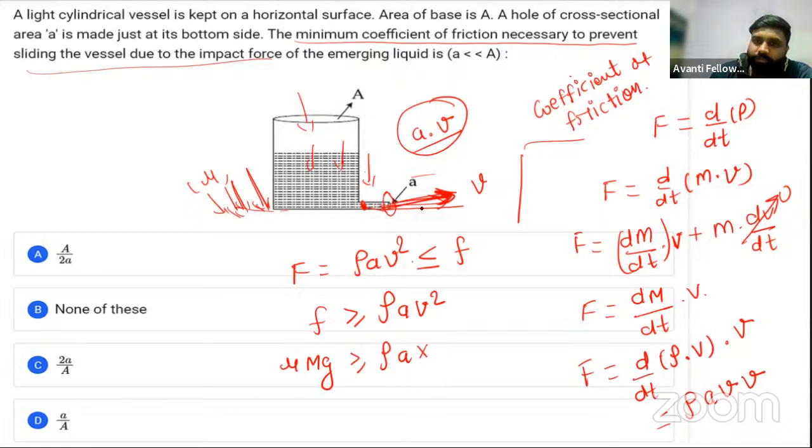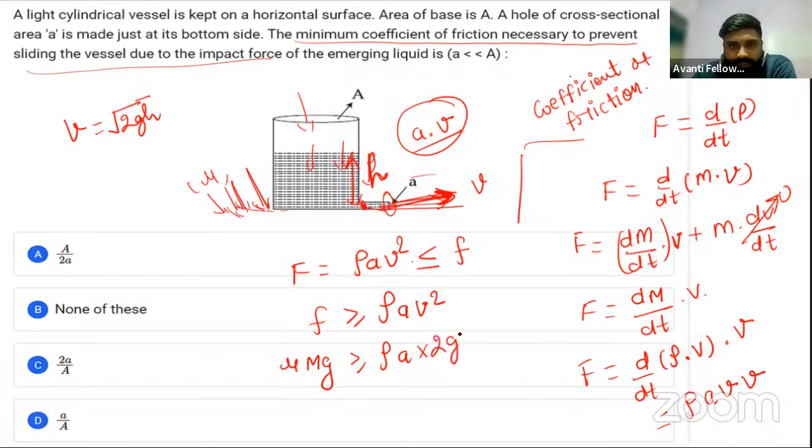Now from Torricelli's law, we can conclude that v is equal to root 2 g h, where h is the height up to which this liquid is filled. So v square will become 2 g h.